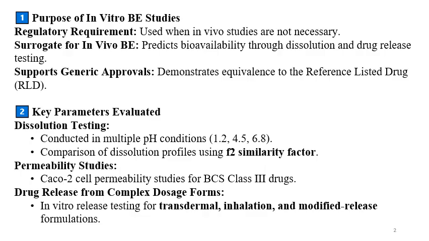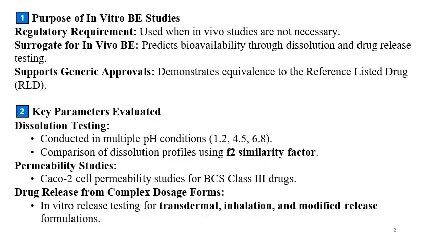Then after dissolution testing, permeability testing can be performed: Caco-2 cell permeability studies for BCS class 3 drugs. Many times BCS-based biowaivers are given for formulations, and these BCS-based biowaivers require only in vitro studies to prove in vivo bioequivalence.